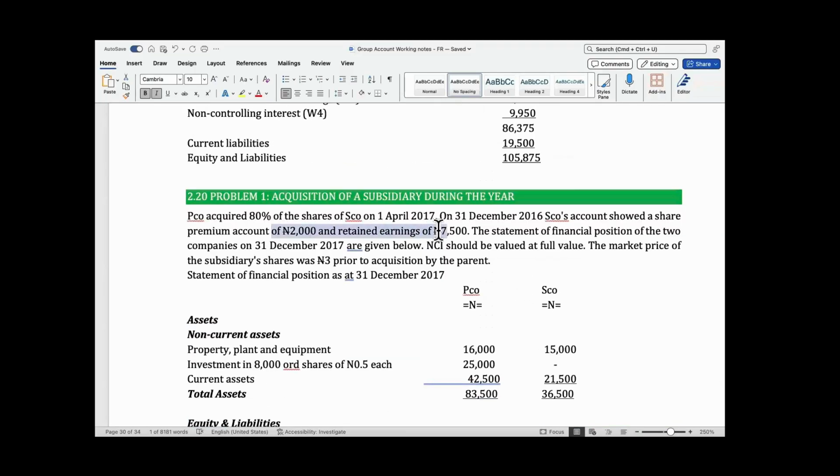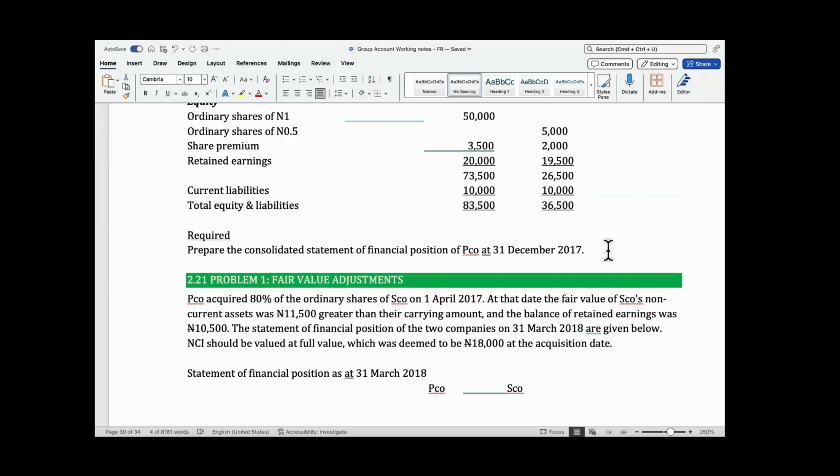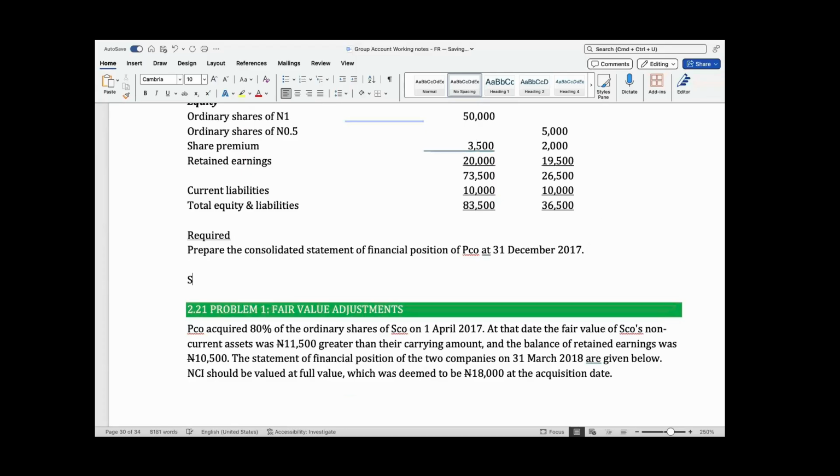What I need is the equity of the subsidiary at the date of acquisition. So I have to figure that out. How do I determine the equity of this guy at this date? It's quite straightforward. Let me show you.